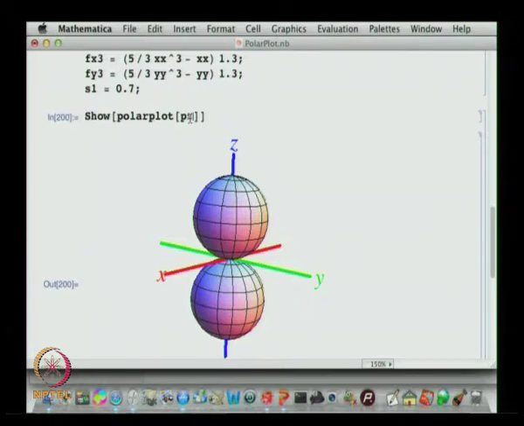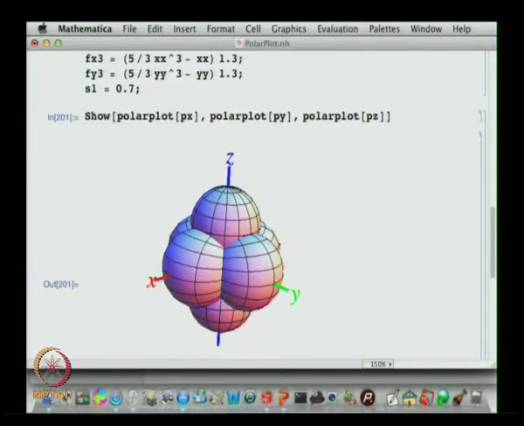Okay, if you want to have, maybe what I will do is I will plot all of them, px. It has just gone, it has plotted all of them together in one figure.